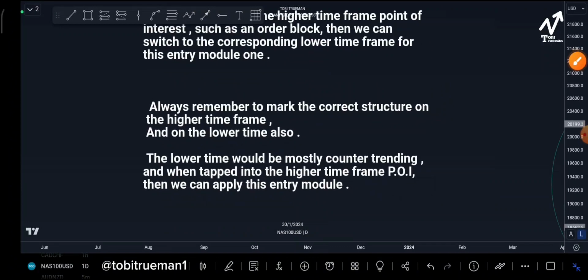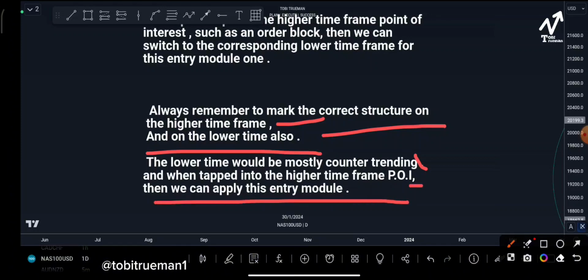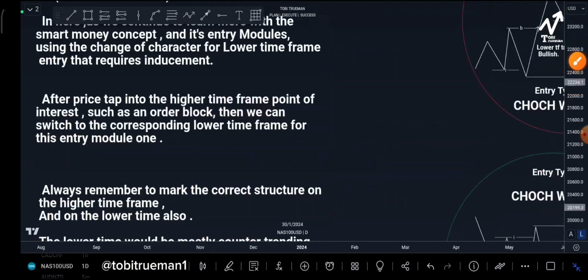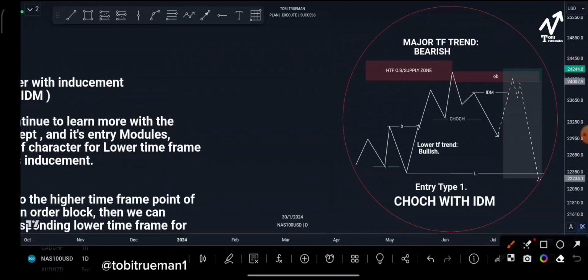Always remember to mark the correct structure on the higher time frame and also on the lower time frame, because the lower time frame will be mostly counter trending, and when tapped into the higher time frame POI, and when I say POI, I mean point of interest, then we can apply this entry module. How do we do that? This is the first entry module, and inside this entry module you can use it for buy, you can use it for sell.